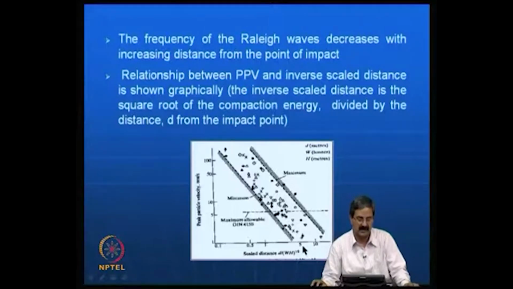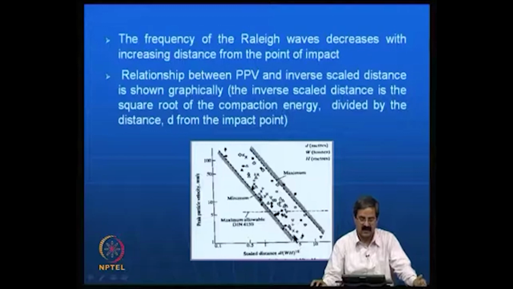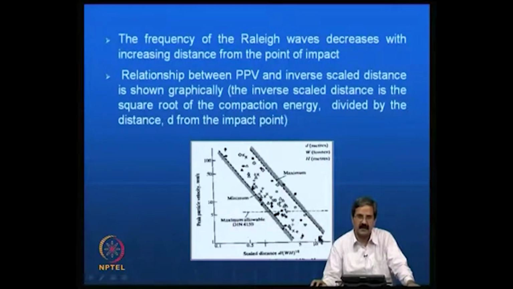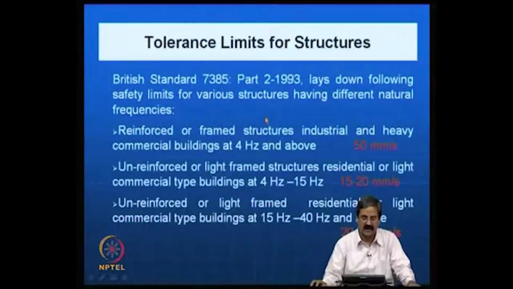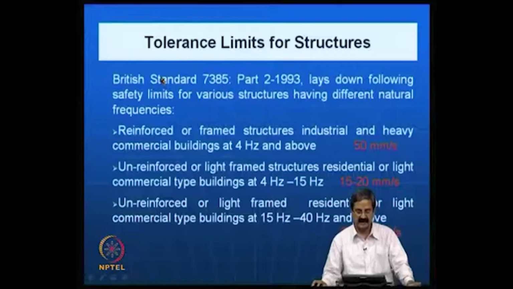If it is very close, you should reduce the weight and height. So, you must see that this is practiced, otherwise it leads to a lot of litigation. That is according to German standards.